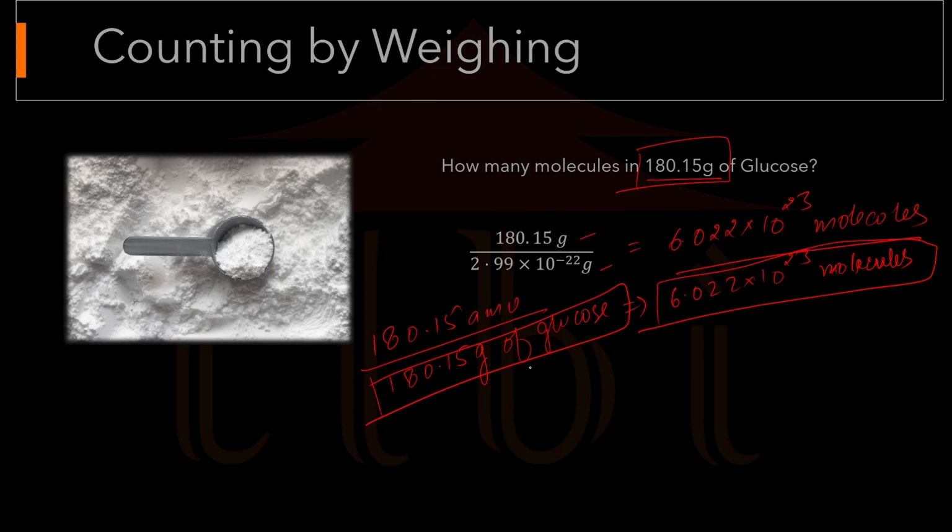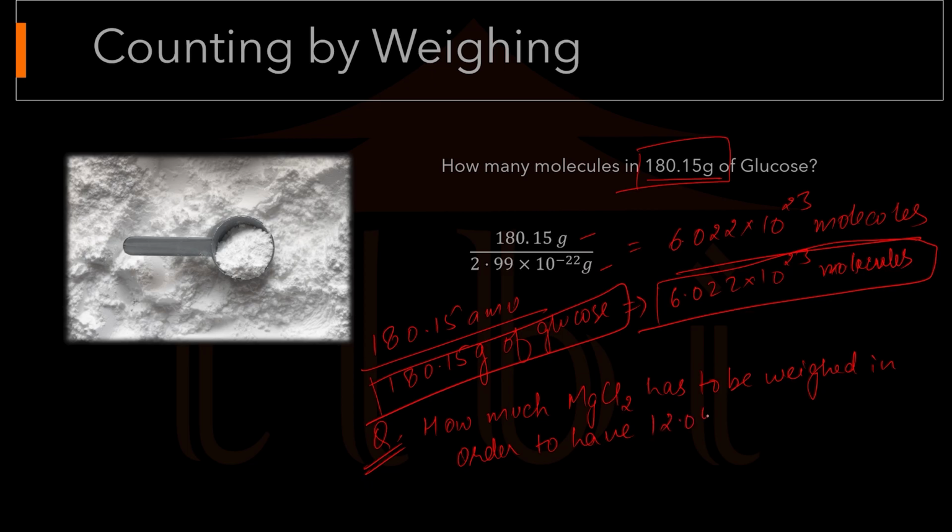So you can do a calculation yourself. The question will be: how much magnesium chloride has to be weighed in order to have 12.044 into 10 raised to the power 23 molecules?